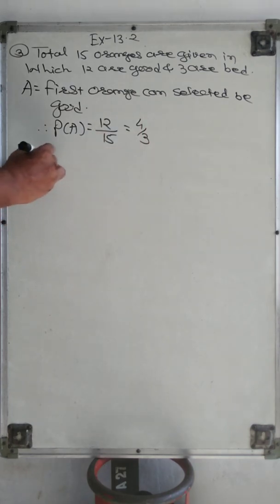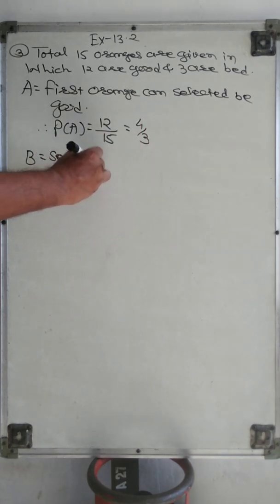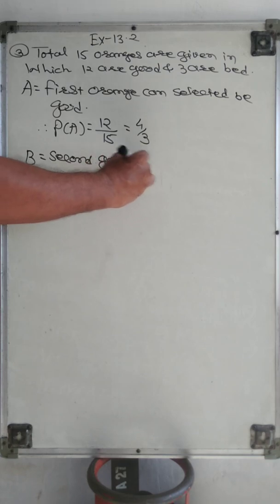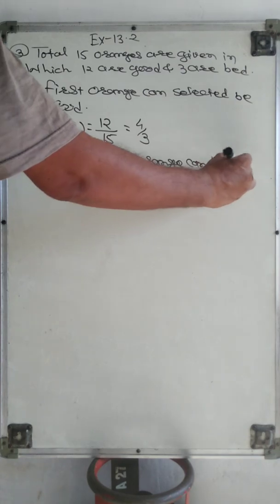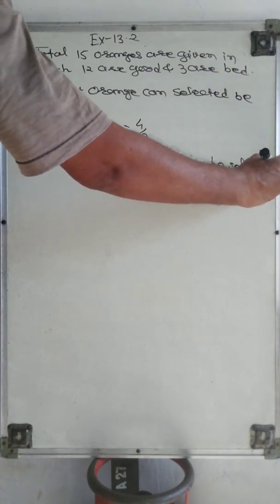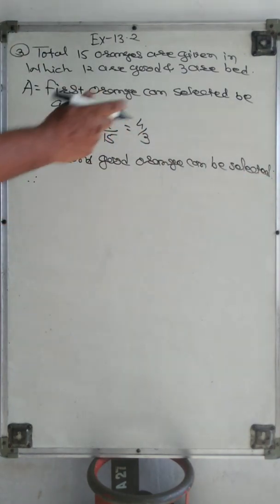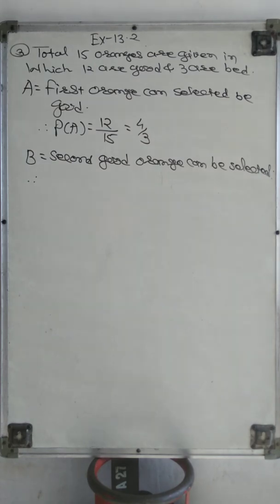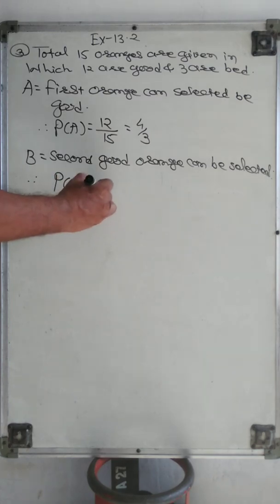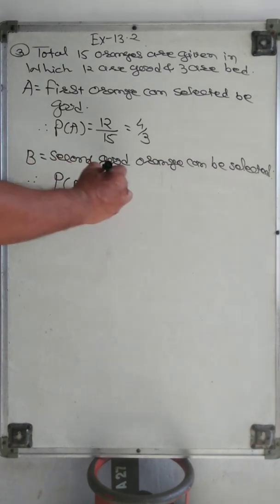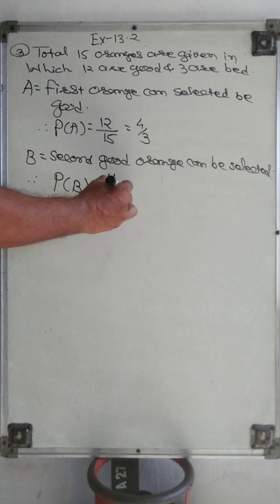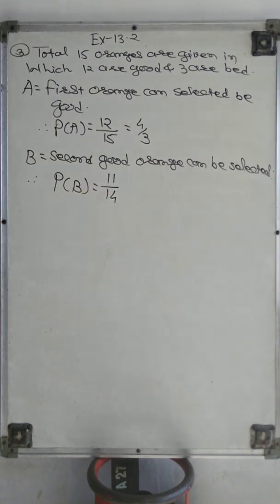Now B is that the second good orange can be selected. But here the first good orange is selected previously. So we can say that for P(B) total oranges left are 14, of which 11 are good. So we select 1 out of 11 and 14 we put as it is.